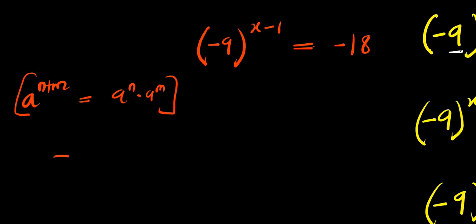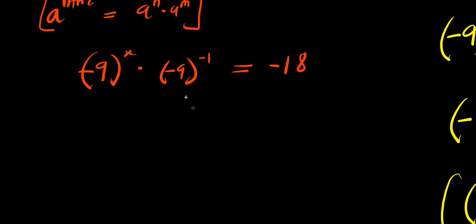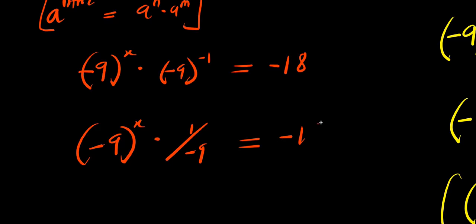Meaning that we have negative 9 to the power of x times negative 9 to the power of negative 1, and this equals negative 18. And just like what we did earlier on, a to the power of negative 1 is 1 over a. So this is negative 9 to the power of x times 1 divided by negative 9 equals negative 18.